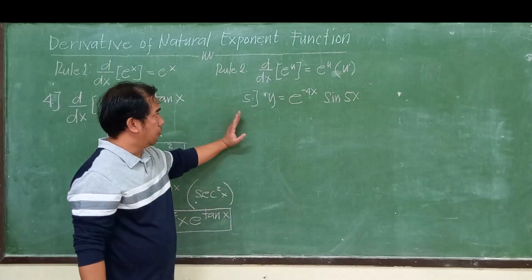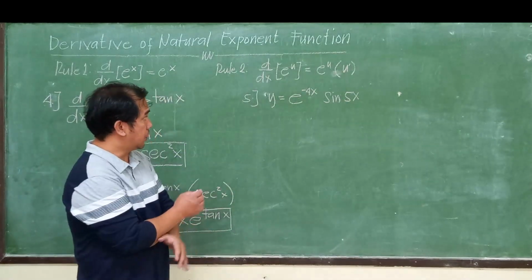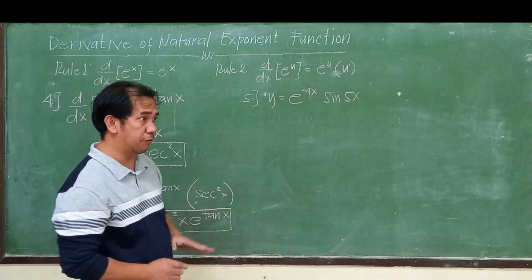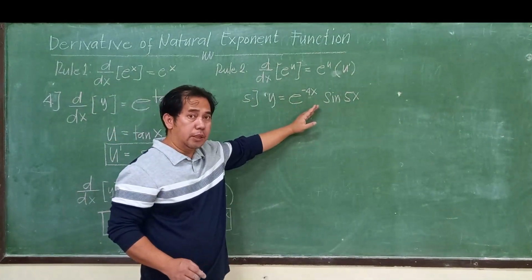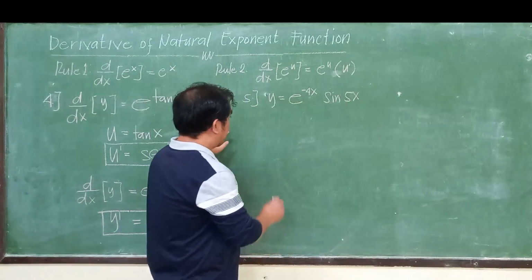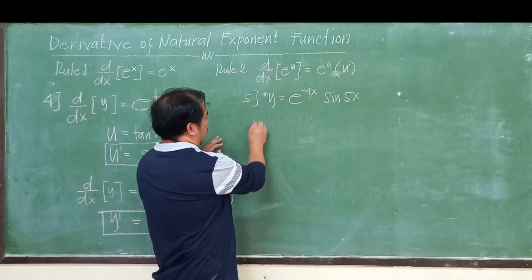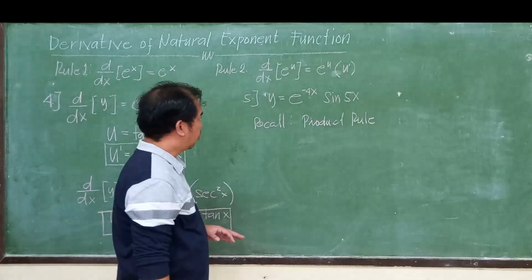For our number 5, notice that when we are going to get the derivative of this one, we apply the product rule. Now let's try to recall. What is the product rule?